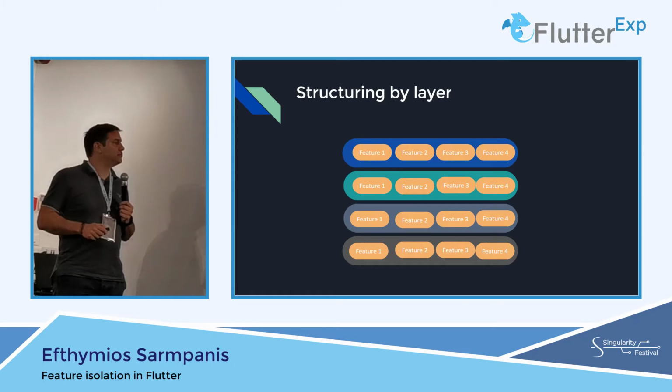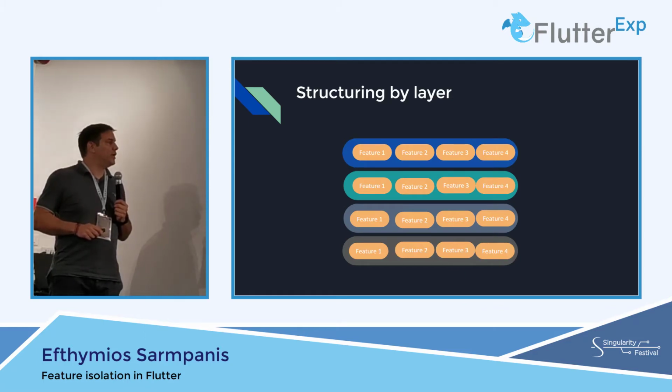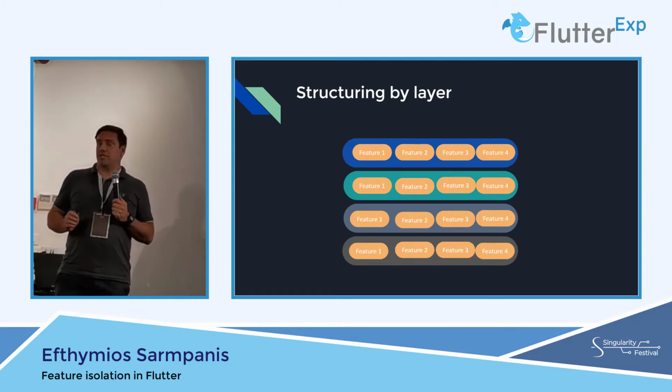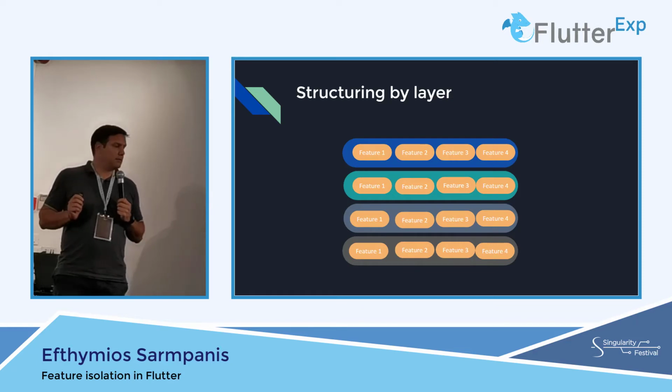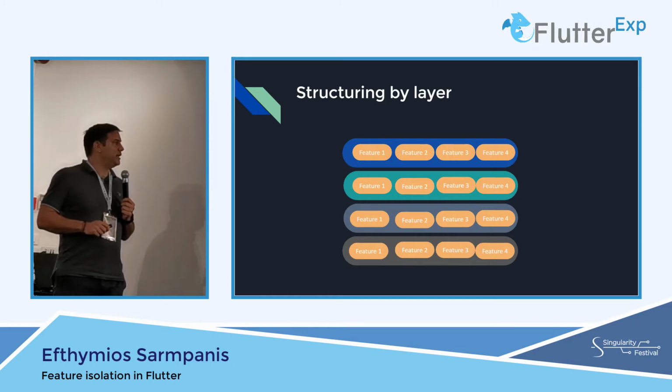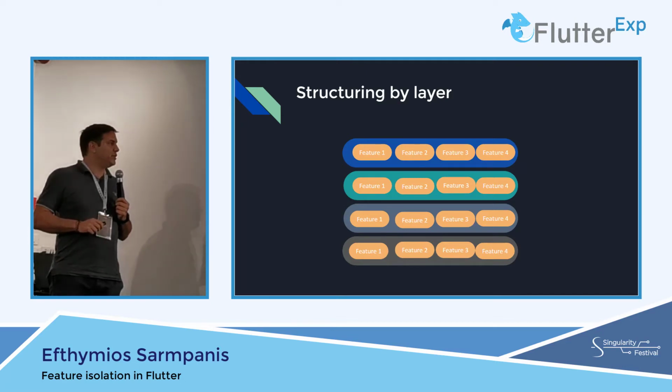So here are the features. They're hidden away. Best case scenario is that inside the layer folder you might have feature folders or feature files. So it's pretty distinct what you are doing, but it's inside the layer.